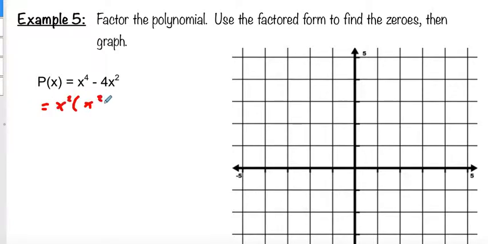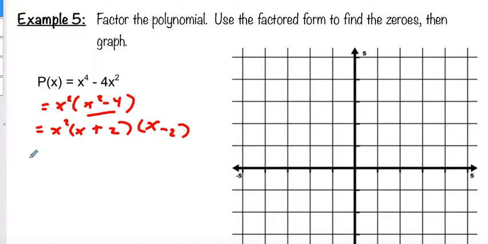So continuing with these, noticing a GCF, yes, I notice x squared that they have in common. What's left? x squared minus 4. Noticing that difference of squares here again, I can factor that. I have an x and an x, because of the square root of the first term and the square root of the last term. And so then what are your zeros?